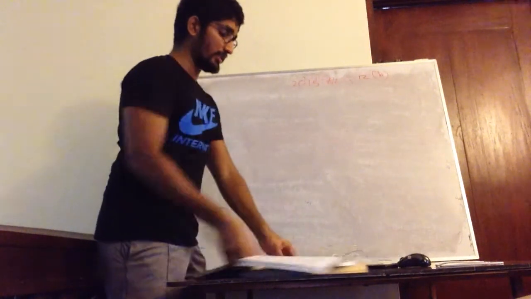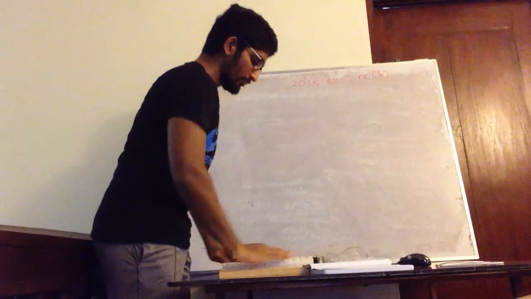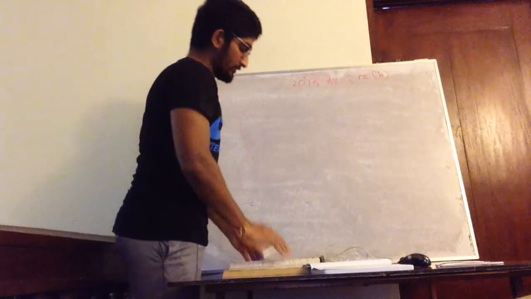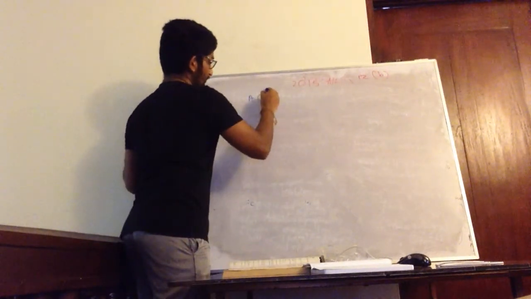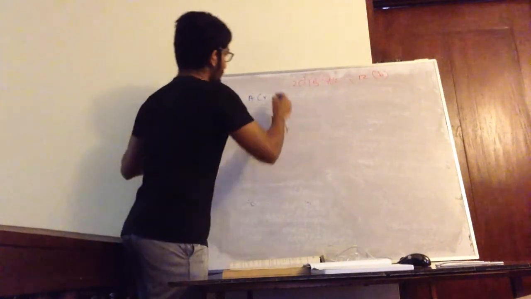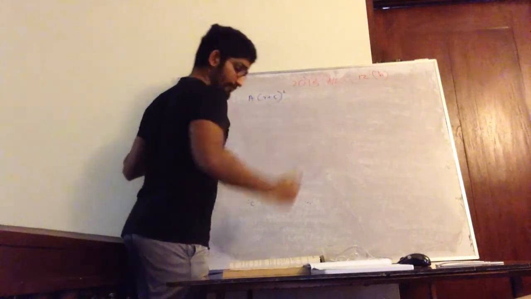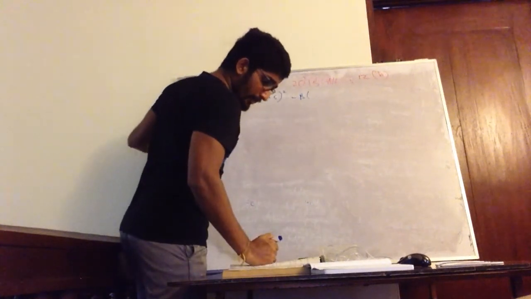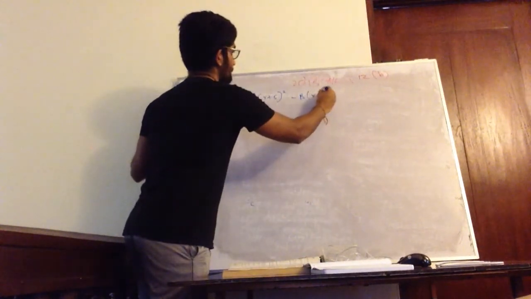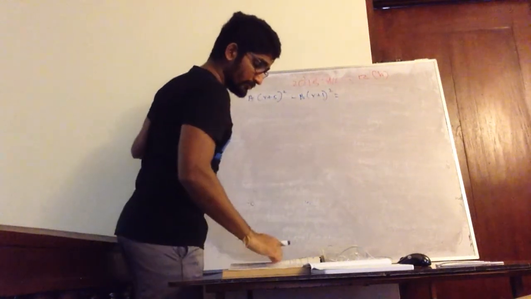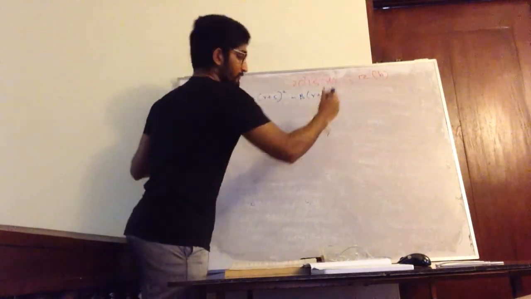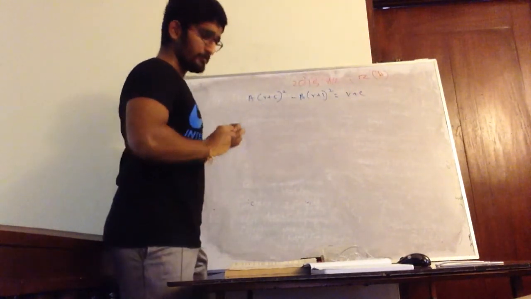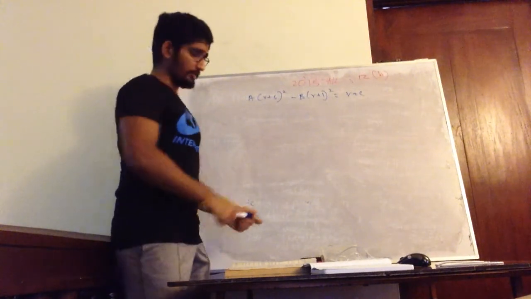If you consider the series, they are saying find the value of constants A, B, C such that A(r + 5)² minus B(r + 1)² is equal to r + C. Correct? So let's find this out.